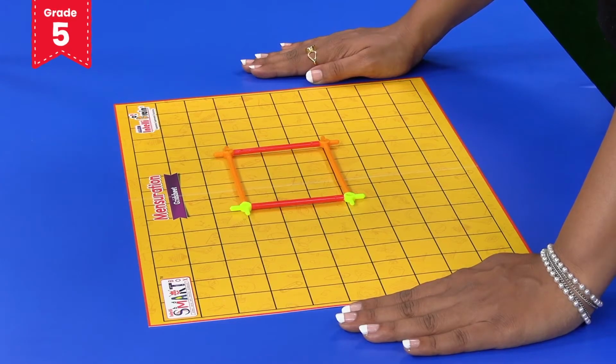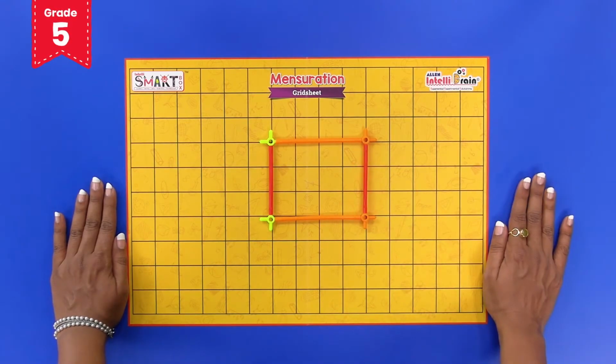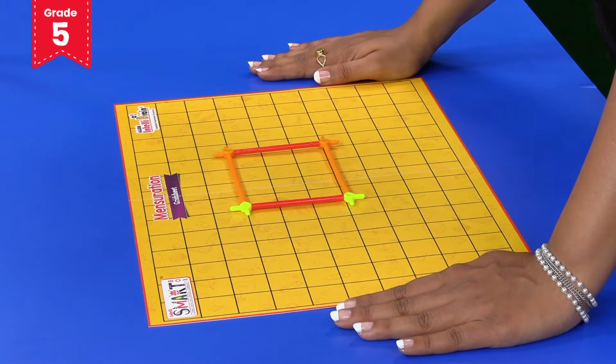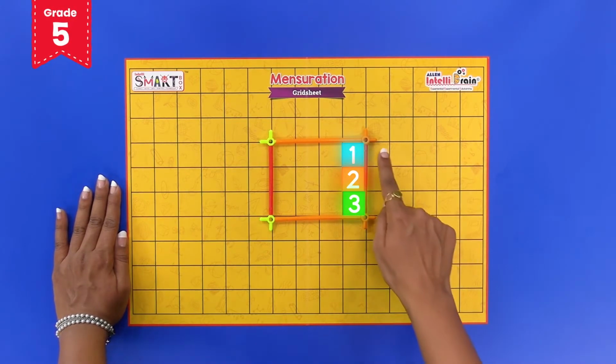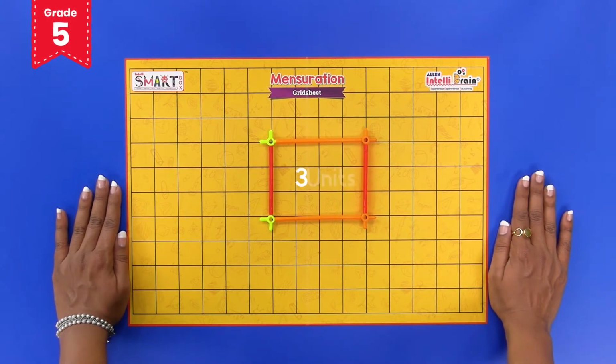Now count the number of square cells along the breadth of this rectangular shape. That is 1, 2, 3. Here we have a total of 3 squares along the breadth of this rectangular shape. Therefore, the breadth of this rectangular shape becomes 3 units. Now multiply length with breadth.